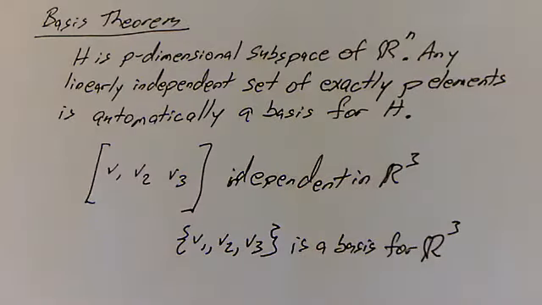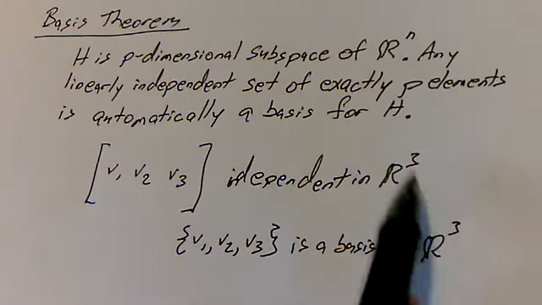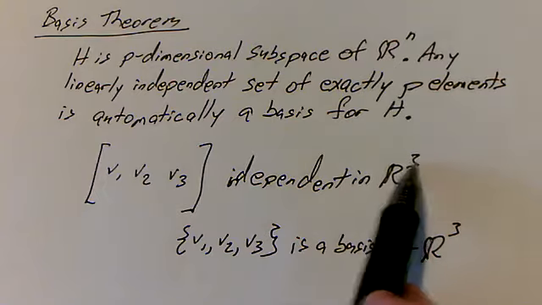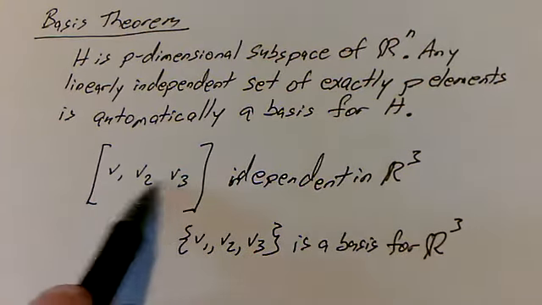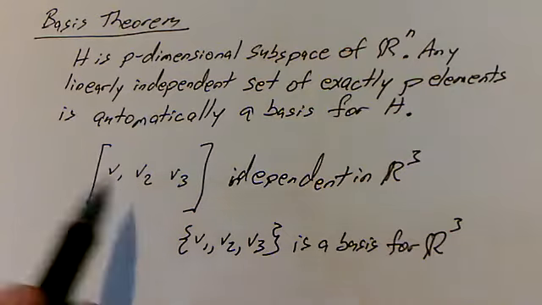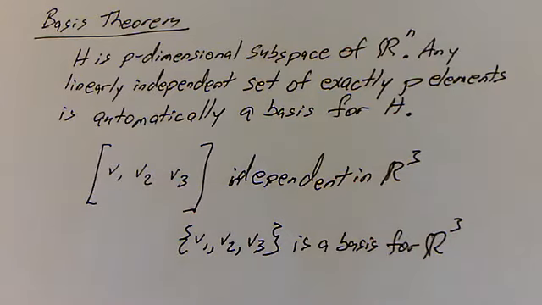But notice that I've got to get the dimensions to line up. If these are vectors in R4, then these are a basis, but they're not a basis for R4 because I don't have enough of them. I have to get those to line up appropriately in order to cover that whole space. If you don't have enough vectors, you can't cover the entire space.